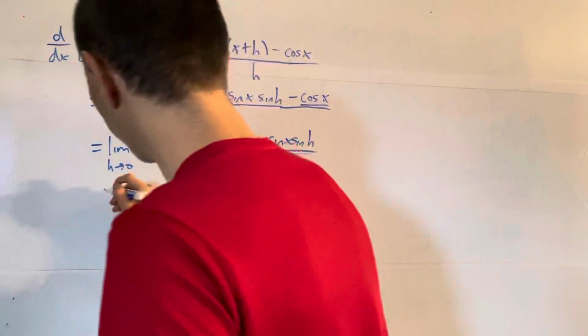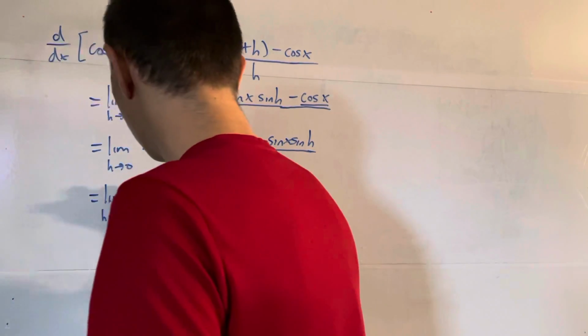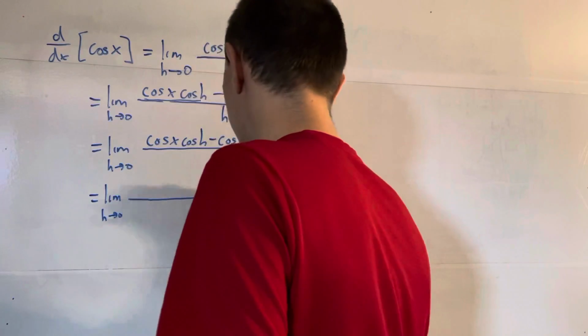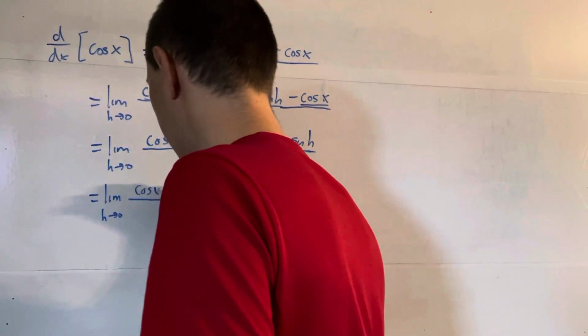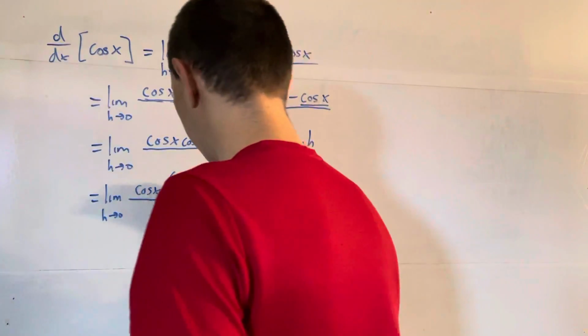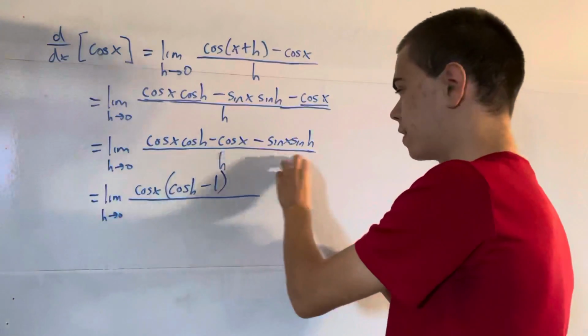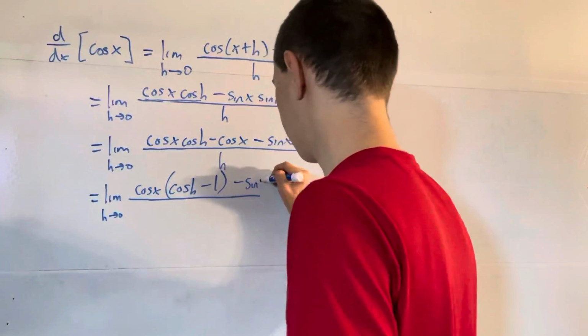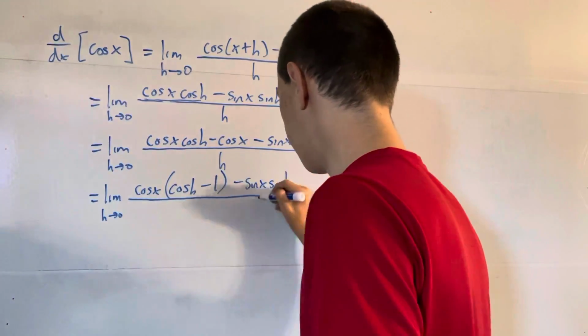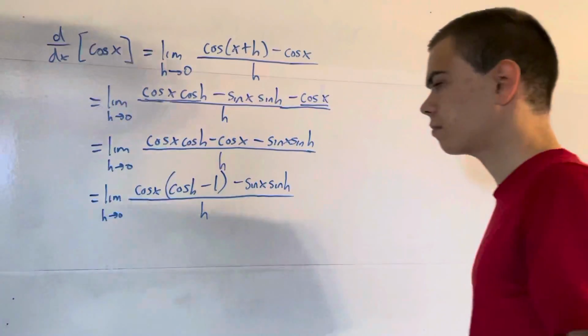So let's just do that now. When we factor out the cosine of x, we're going to get cosine of h minus 1. So cosine of h minus 1. And then we still have just minus sine x, sine h. And all this is still divided by h.